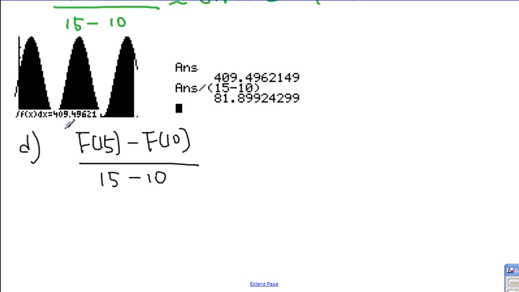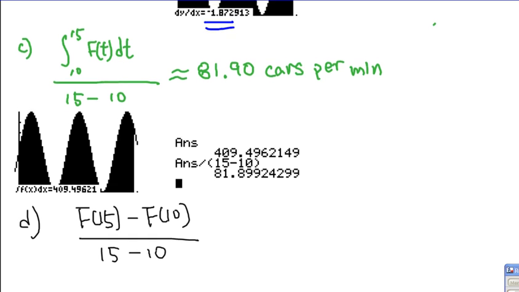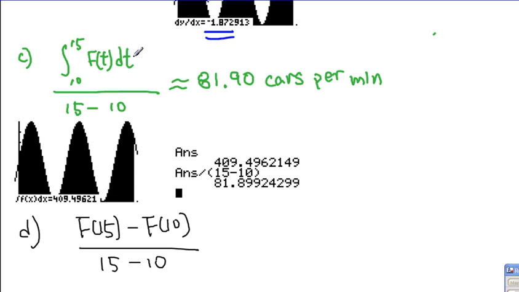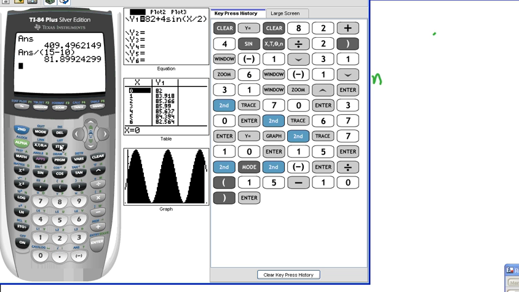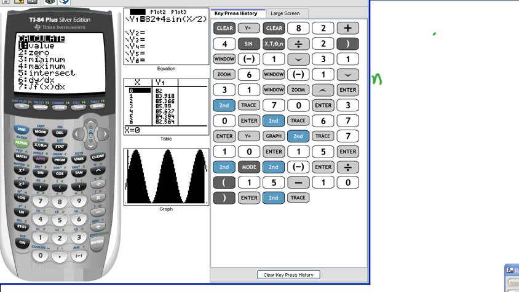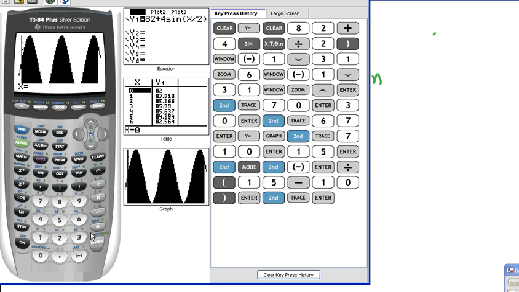As you can see right here, these two values are different from these two values. So we're going to use the calculator to try to calculate this one more time. Second calc. We're going to find that the value. So, what's the value of x? When it was 15, what was the value right here?